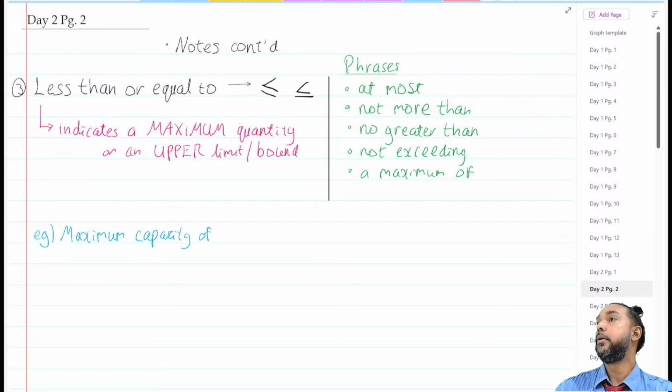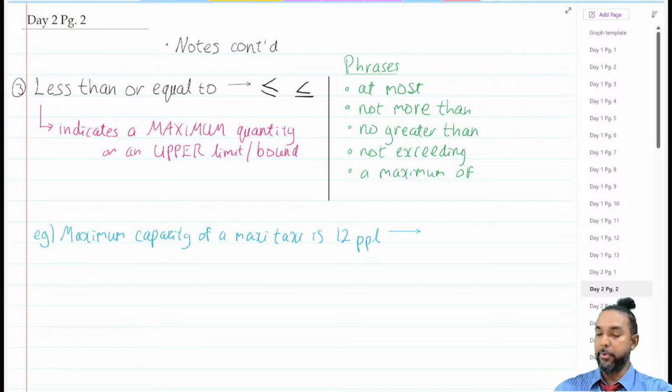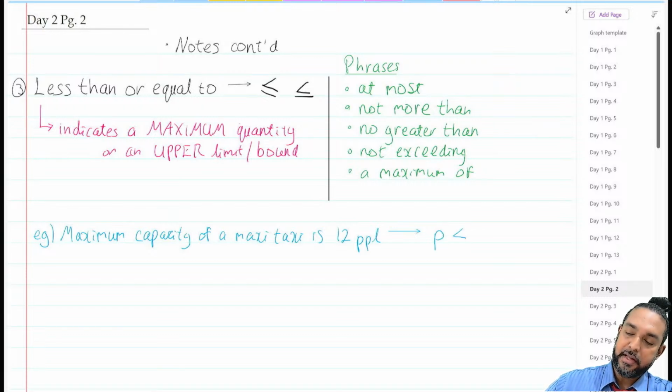So the maximum capacity of a maxi taxi is 12 people. So if you let P represent people, if you want to turn this into an inequality statement, the number of people in the maxi taxi is less than or equal to 12.